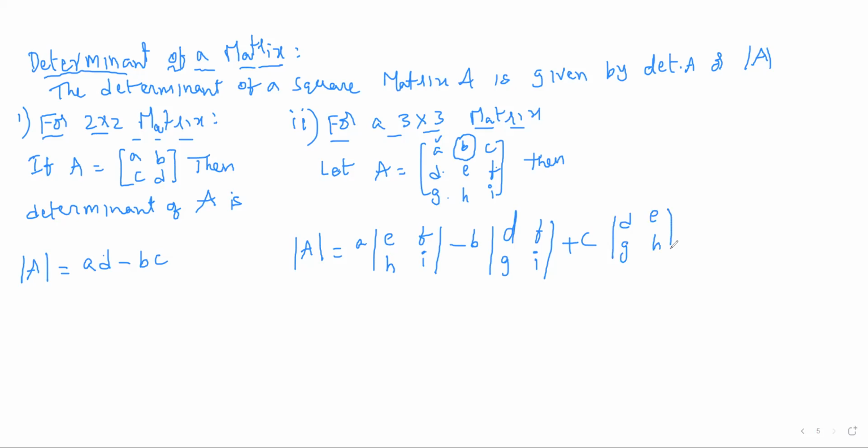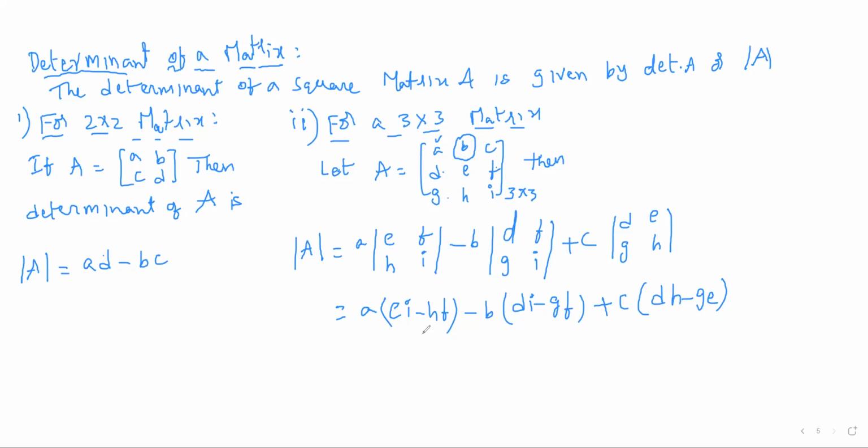So this is the calculation of the determinant of a 3 by 3 matrix. Simplifying, a into the determinant of the 2 by 2 matrix, by cross multiplication, ei minus hf, minus b into di minus gf, plus c into dh minus ge.